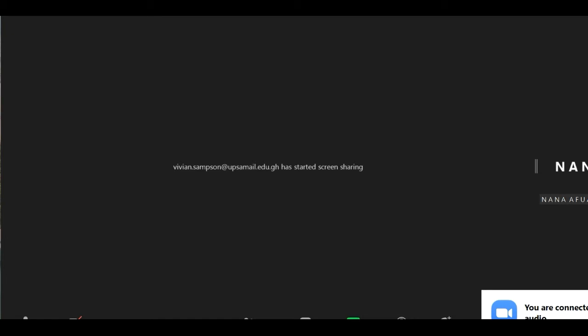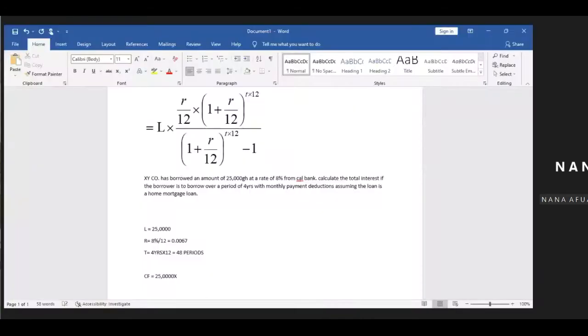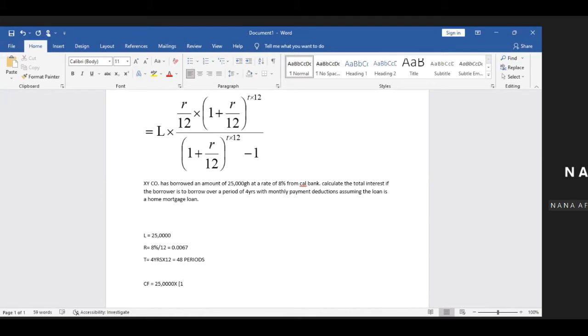Let's open a big bracket here. So you see 1 plus, I don't think we need to go through this. It will be 1 plus 0.0067. Do you agree?